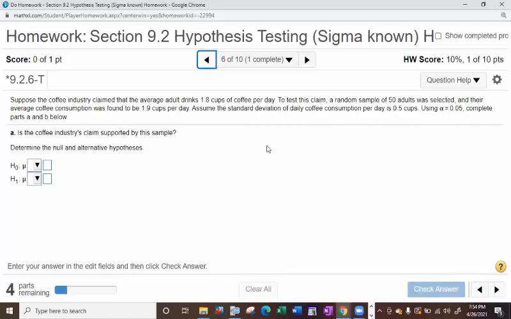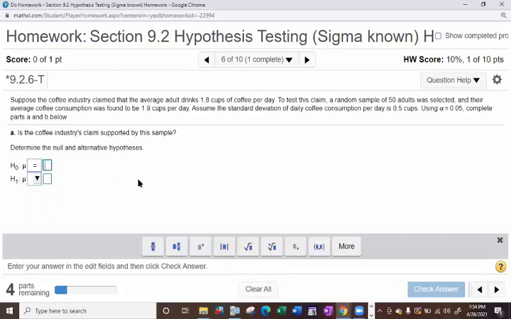All right, testing a claim of 1.8 cups per day. Equal, 1.8.